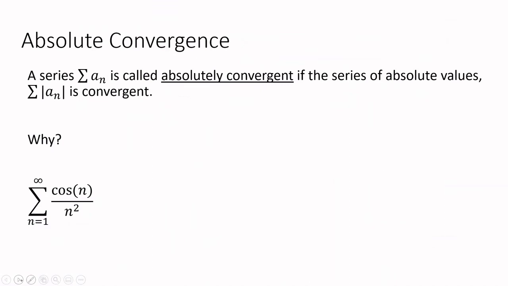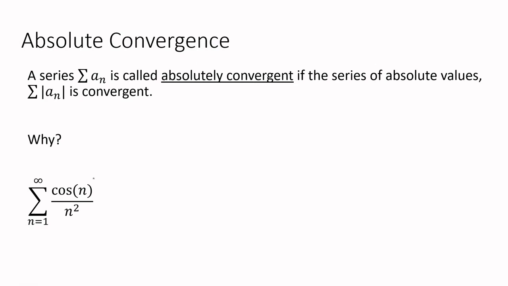Okay, so there is another way to do something like this, and it's called absolute convergence. So let's read that. It says a series is called absolutely convergent if the series of absolute values is convergent. Okay, so why would we use something like this?